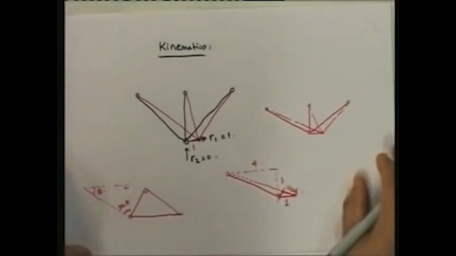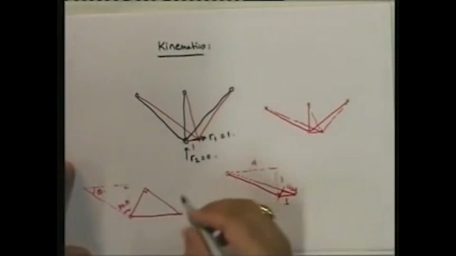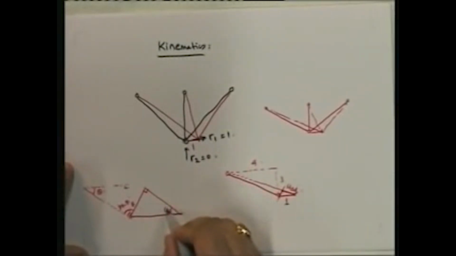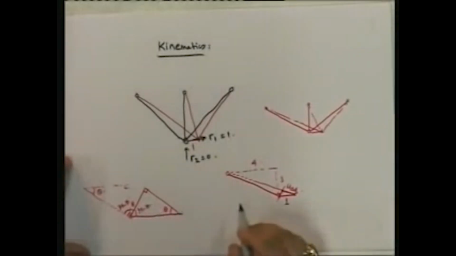Since this is 90 degrees, this angle becomes theta, and since this angle is theta, this angle is theta, and this angle is 90 minus theta.